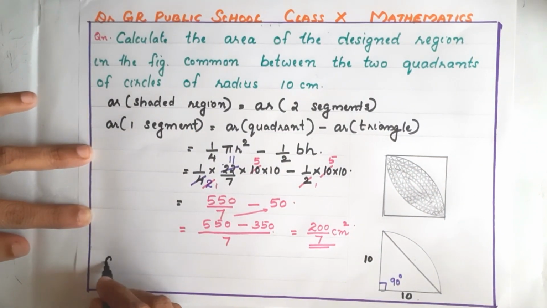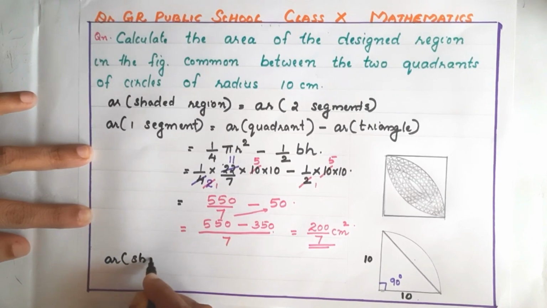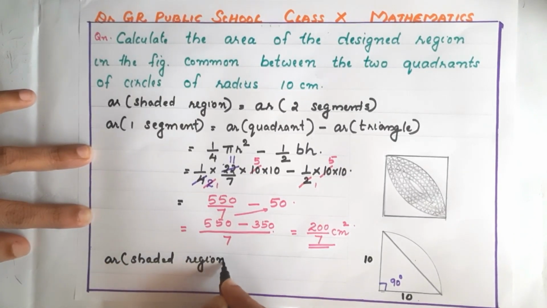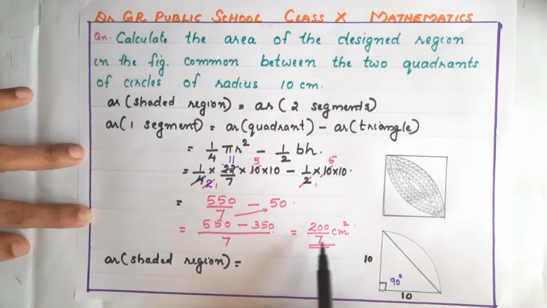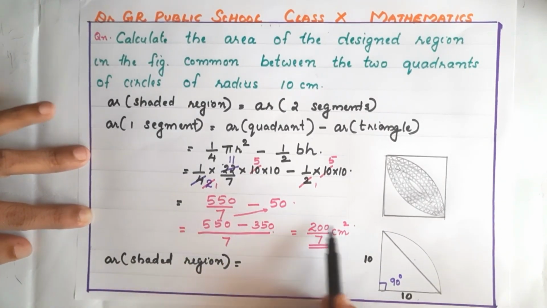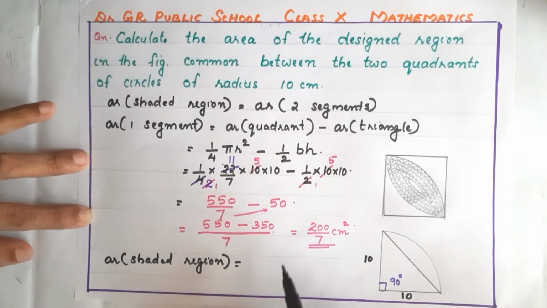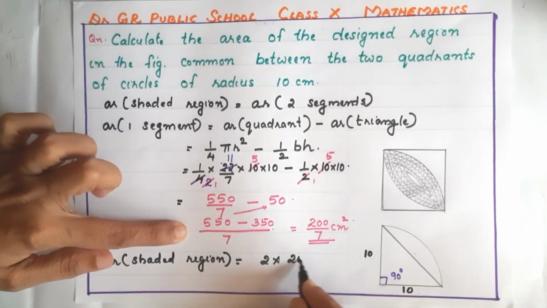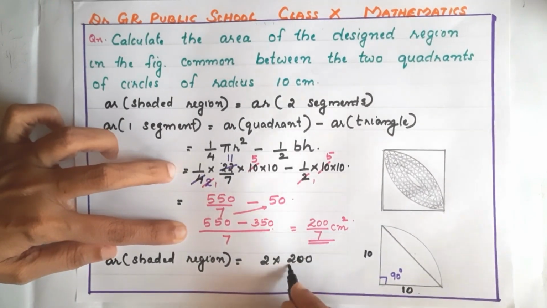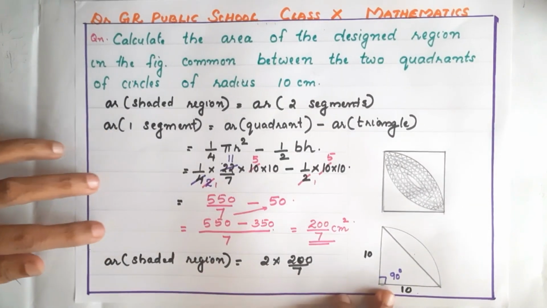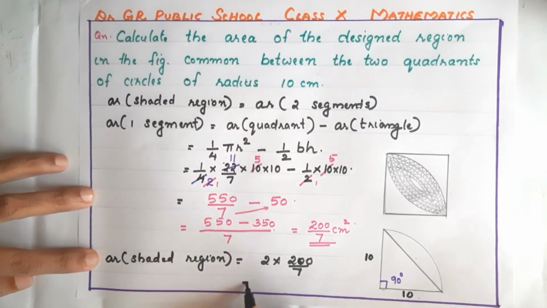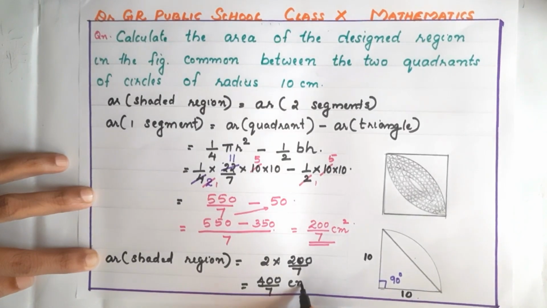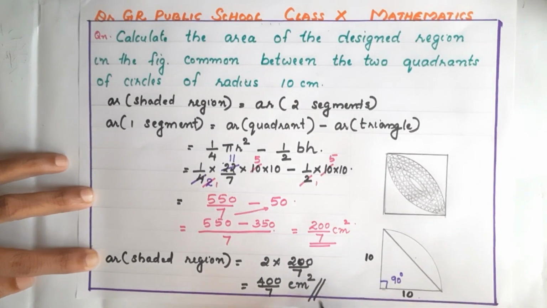So area of shaded region equal to area of this one segment multiplied by 2. So 2 into 200 by 7. The answer is 400 by 7 centimeter square.